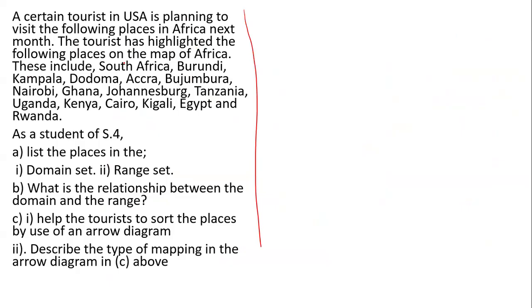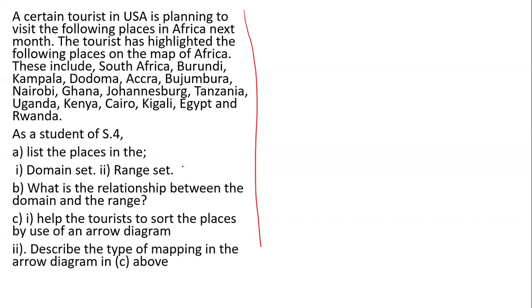The tourist has highlighted the following places on the map of Africa. These include South Africa, Burundi, Kampala, Dodoma, Accra, Bujumbura, Nairobi, Ghana, Johannesburg, and the rest. As a student of Senior 4, list the places in the domain set and the range set.